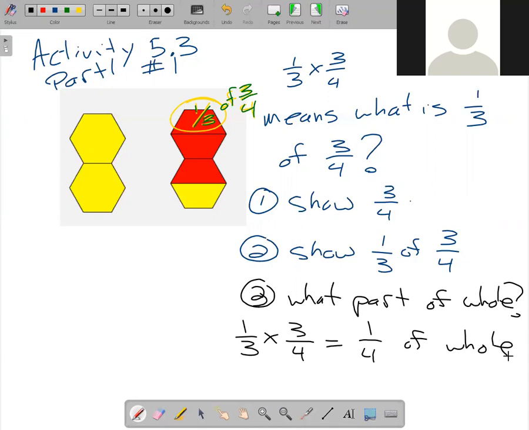And we got it. So what I want you to do is try a similar procedure for those other 3 problems that come next, given that 2 hexagons are one whole. Grab your paper. So next is to draw a picture of 3/4 times 1/3. What is 3/4 groups of 1/3?